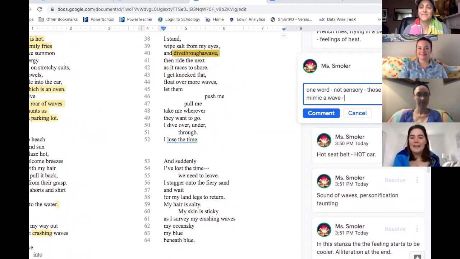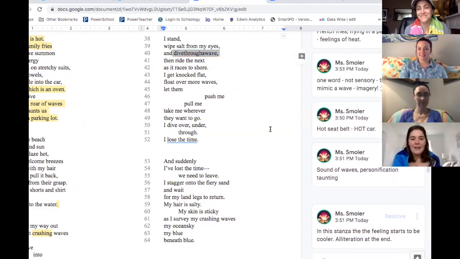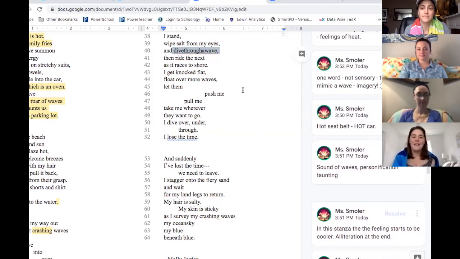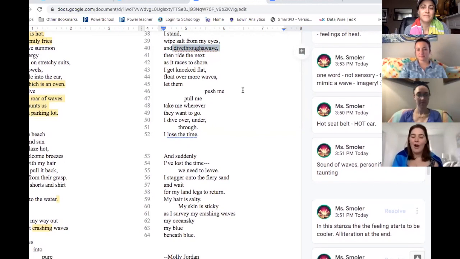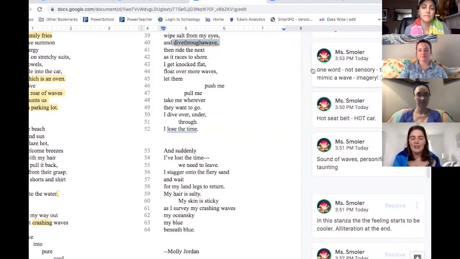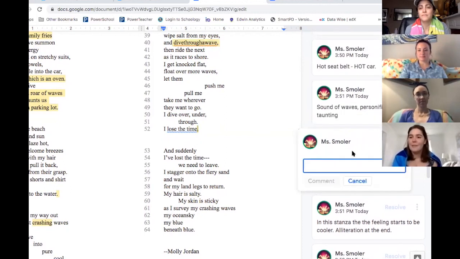And similarly, later in lines 46 and 47, with the push me and pull me, this evokes that feeling again of being tossed in the waves. And those descriptive direction words of under, over, through help me picture and feel that movement of the ocean.